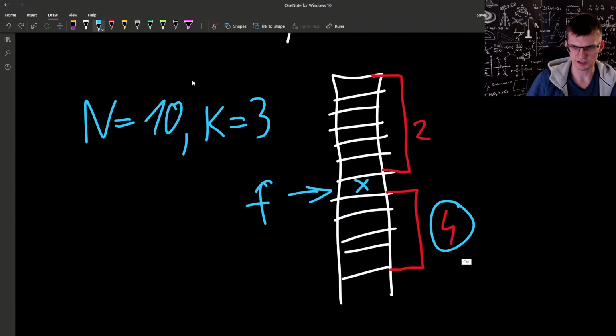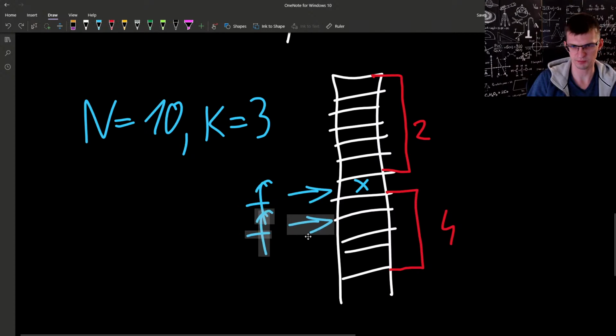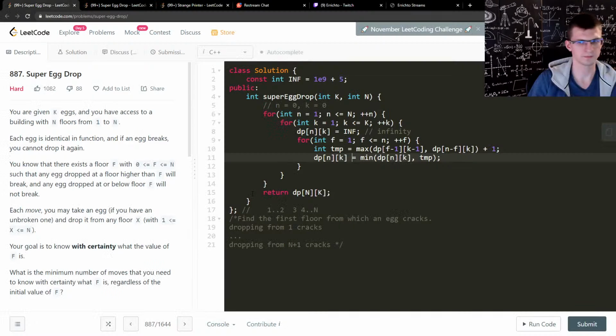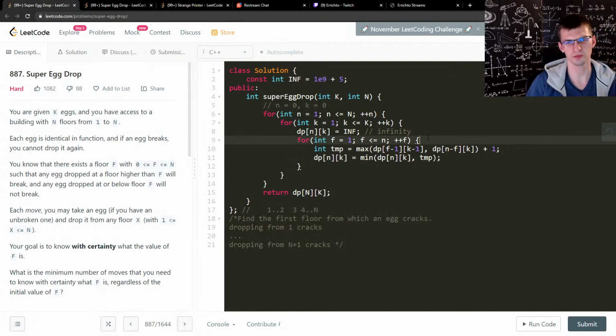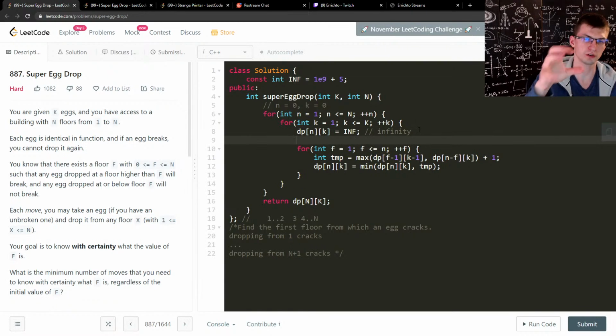If this one is bigger, then we say that the optimal floor f to drop an egg from is somewhere more to the bottom. Again, pseudo code more than actual code: in this transition, we don't consider every floor to drop an egg from. We are trying to search for the best one.